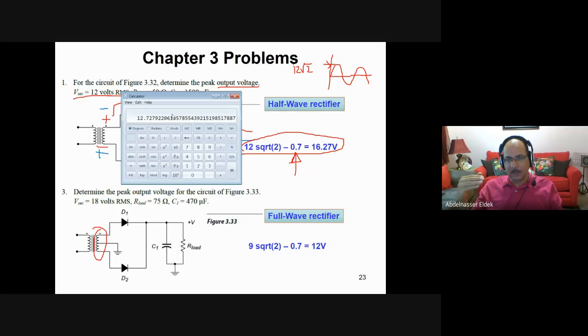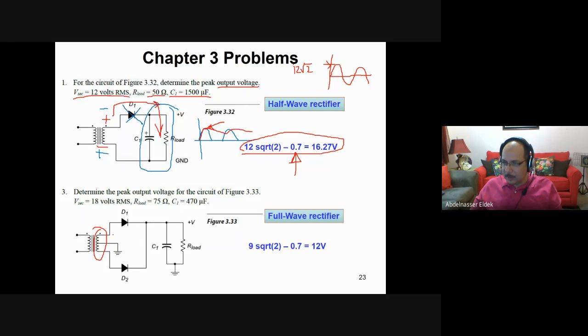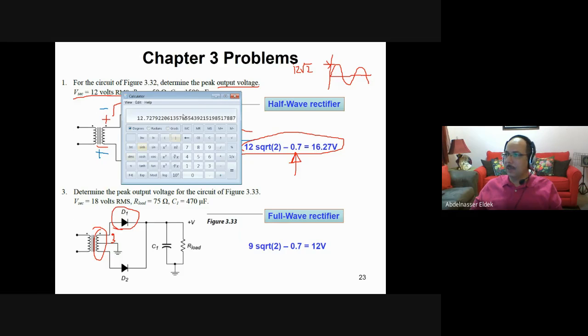So you divide the input, which was 25.45, by 2, then this is the voltage between these points here, from here to here. Then you subtract 0.7 volt, which is the voltage across the diode, which gives 12.0279 volt. So it's almost 12 volt.